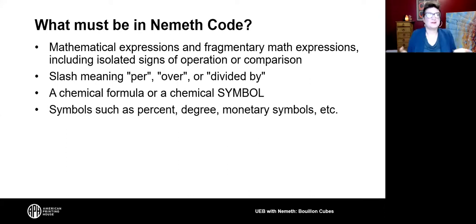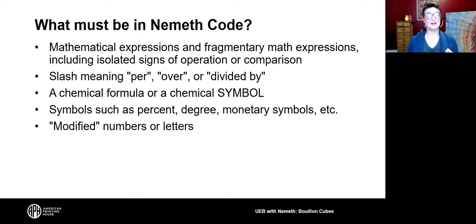Then our symbols that often happen in math expressions, anywhere these appear, they need to be in Nemeth code. Percent, degree, monetary symbols. Usually we see the $, but hey, if you run into the symbol for pounds sterling or the Japanese yen, those monetary symbols need to be transcribed consistently in Nemeth code in UEB with Nemeth transcriptions.